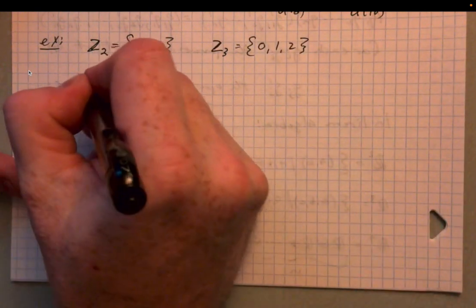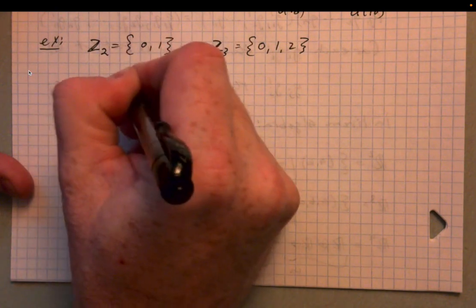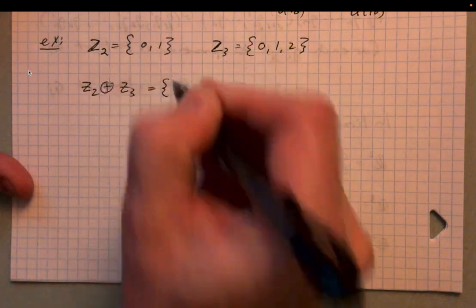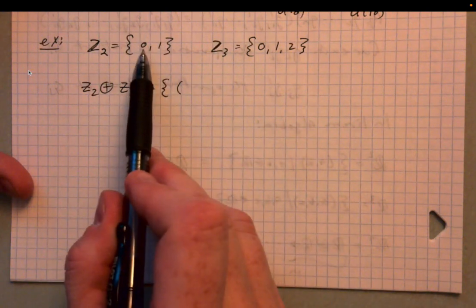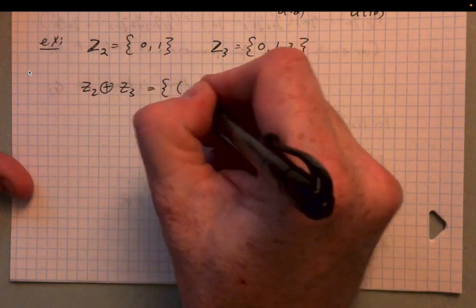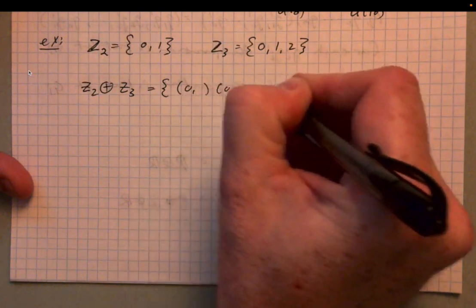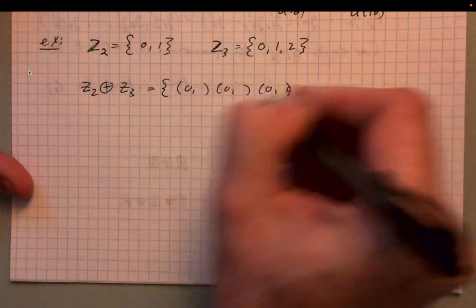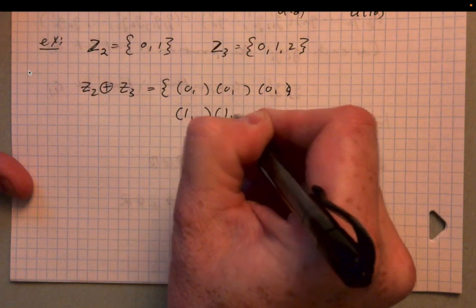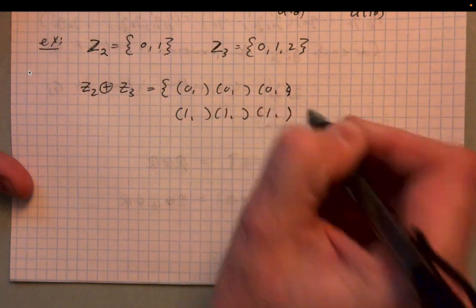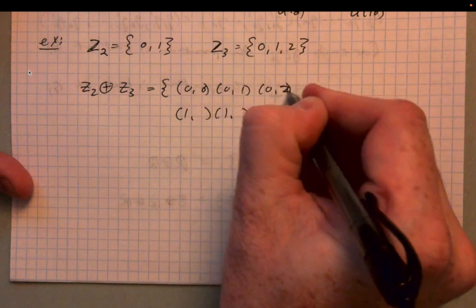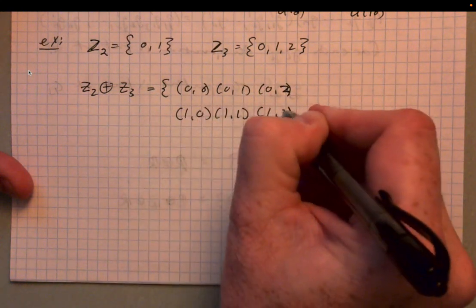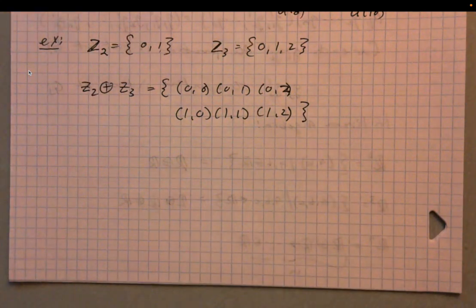And so if I want to combine those, I'm going to have 3 elements that start with 0 and then 3 elements that start with 1. And then the second components are going to be 0, 1, and 2. 0, 1, and 2. 0, 1, and 2. Okay, so that's my external direct product of Z2 and Z3.